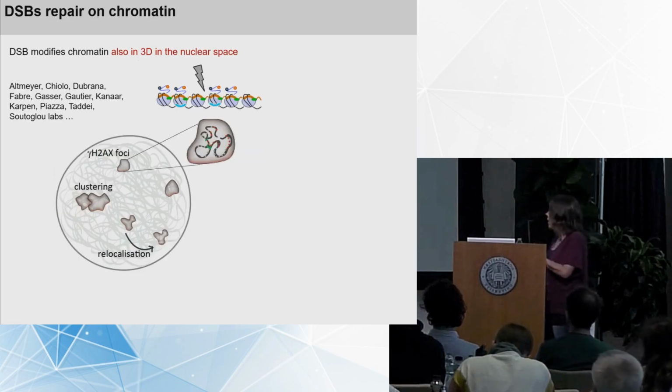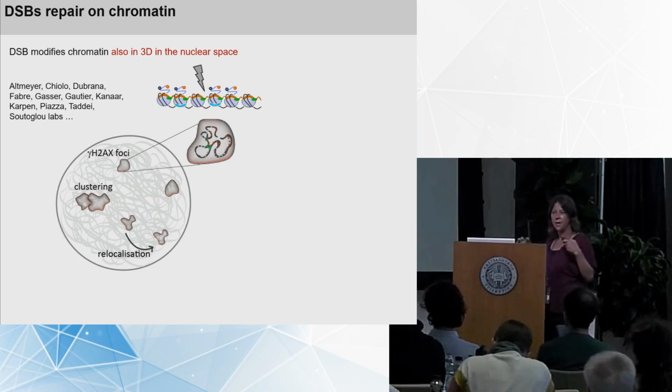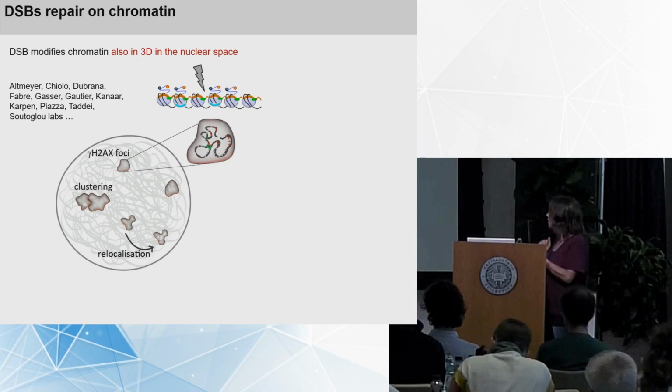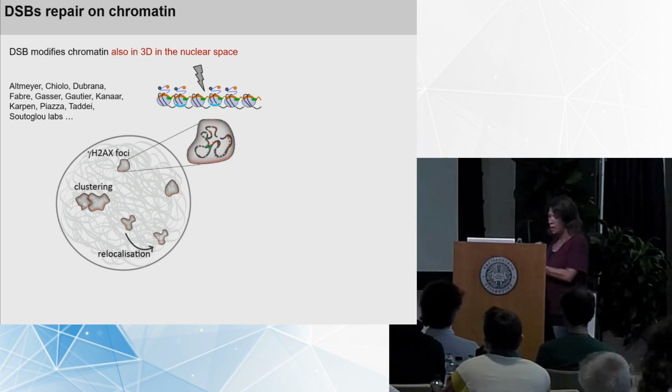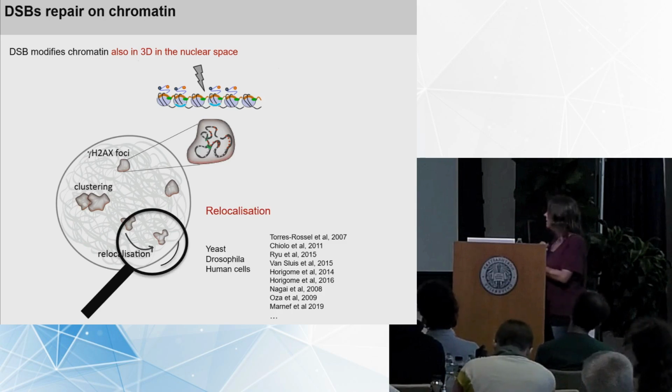And beyond those 1D changes, what we know is that chromosomes are reorganized within the nucleus; chromosome architecture changes. There are plenty of labs that have worked on these issues. For instance, DSBs can relocate to some specific locations.